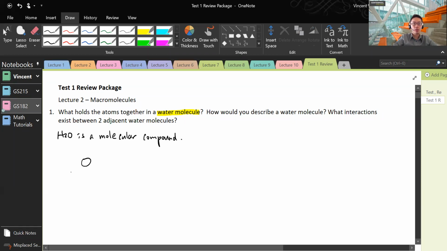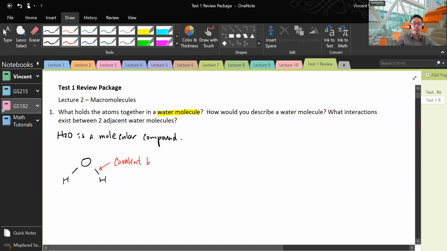There's 1 oxygen here, 2 hydrogen. And does anybody know the name of the bond that holds them together? What do we call this bond that holds the oxygen and the hydrogen together? Anyone? Covalent bond. That's correct. That is the covalent bond.